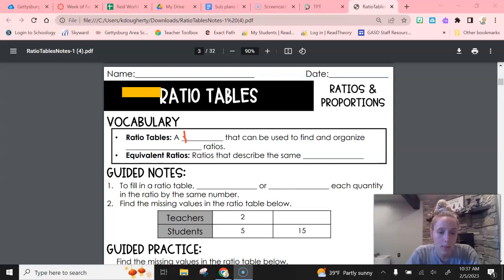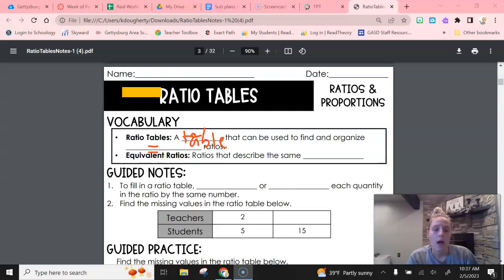Ratio table. Yep, a table that can be used to find and organize equal ratios or equivalent ratios. Okay, we're just showing a relationship between two things.